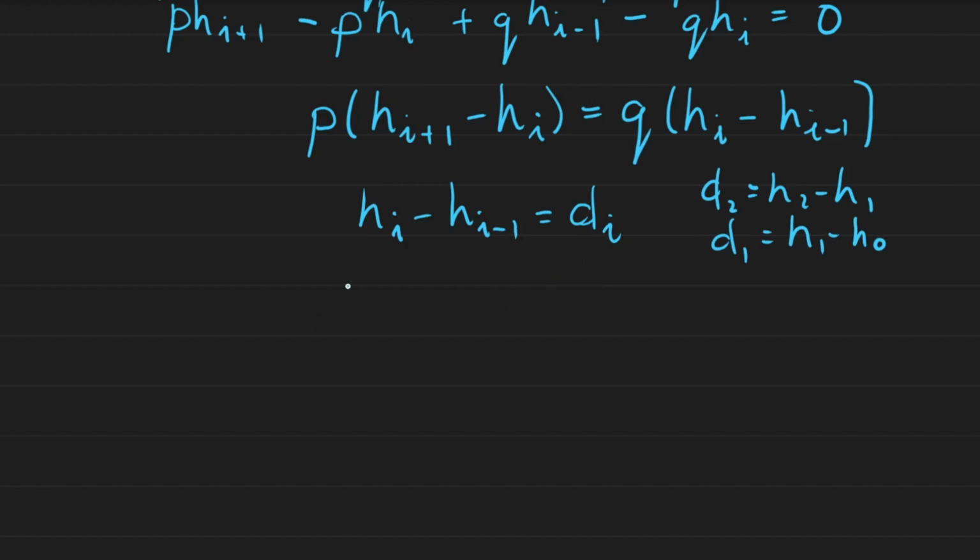Hi minus H(i-1) is equal to Di, so we can replace this. We can say that P times D(i+1) is equal to Q times Di.